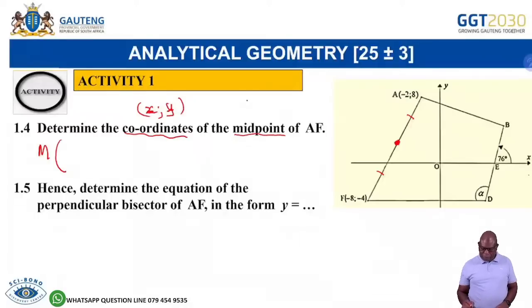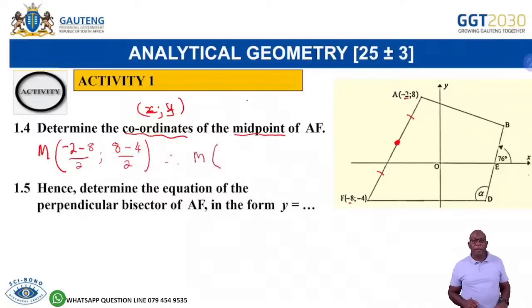Remember it's plus, so it's minus 2 plus minus 8, so it's minus 2 minus 8 over 2, because plus minus will give us a minus. Then from there I'll have 8 minus 4 over 2.